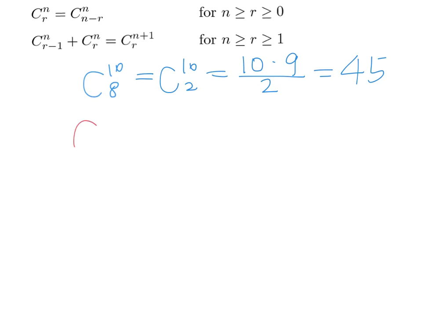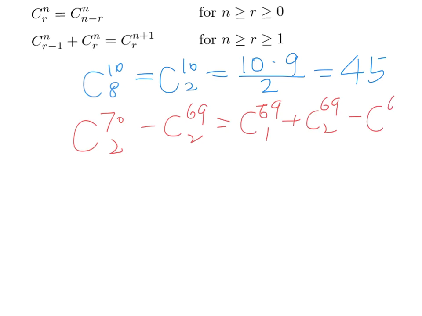And 70C2 minus 69C2: using the second identity, we have 70C2 is equal to 69C1 plus 69C2. Just take n equal to 69 and r equal to 2. So this one is equal to 69C1. That is 69.